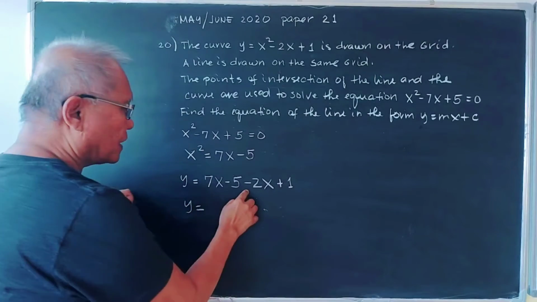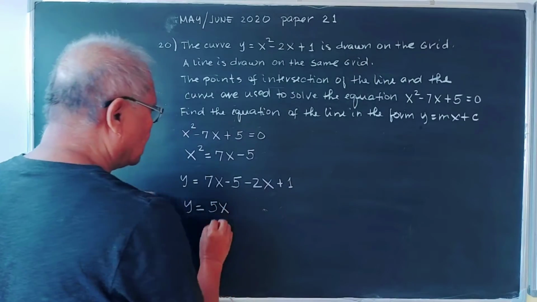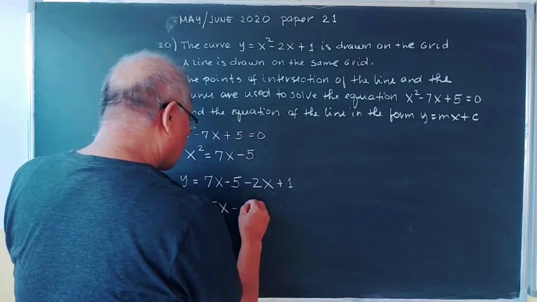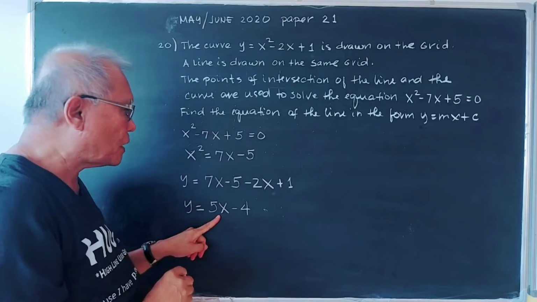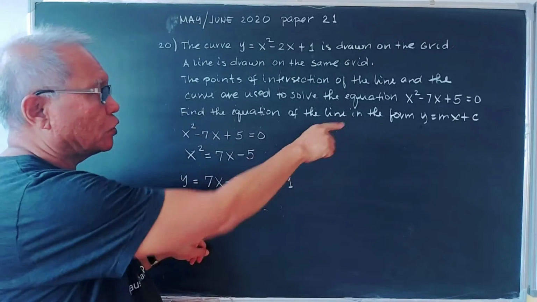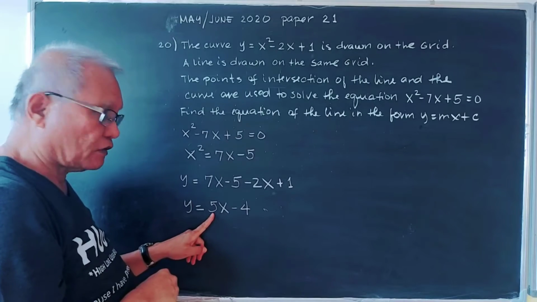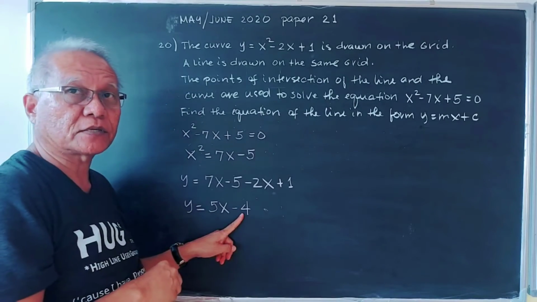So you have 7x minus 2x is 5x, and then minus 5 plus 1 is minus 4. So this is the equation of our line in slope-intercept form. Here 5 is the slope and negative 4 is the y-intercept.